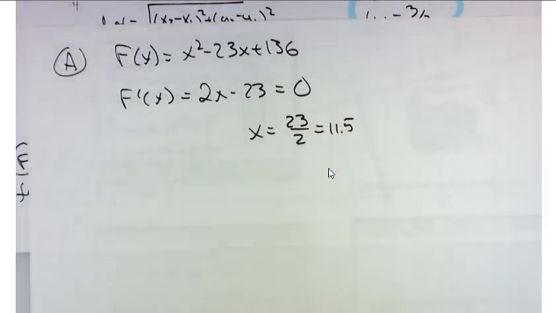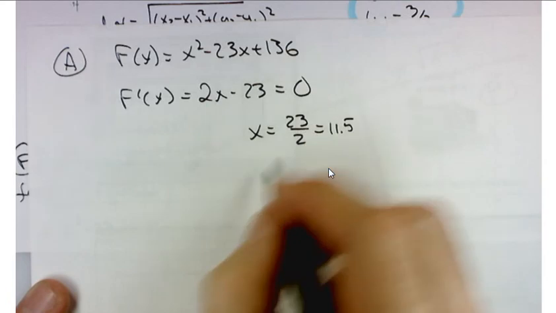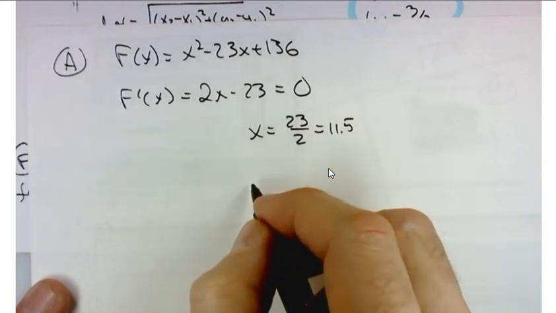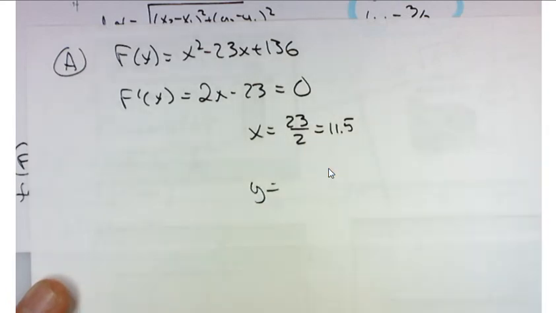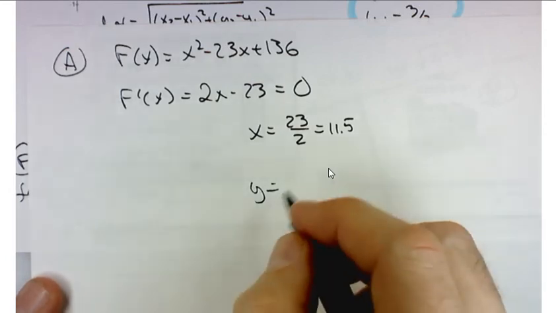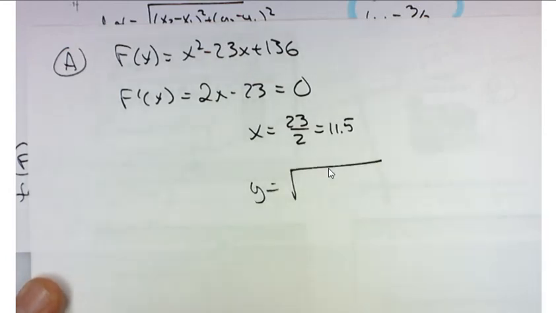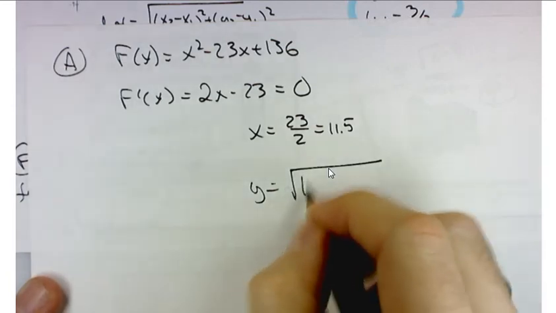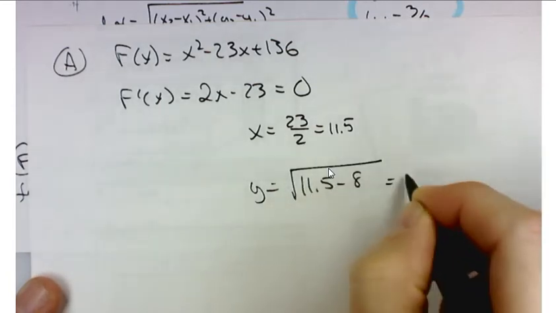That's fine. Now if x is 11.5 or 23 over 2, let's see if we can figure out what y is. Y is going to be the square root of x minus 8. So 11.5 minus 8 is the square root of 3.5.